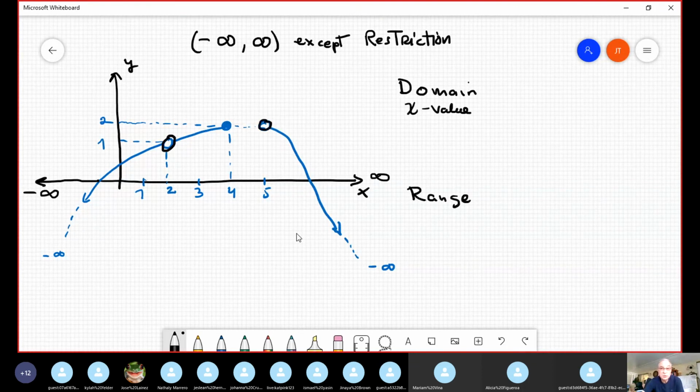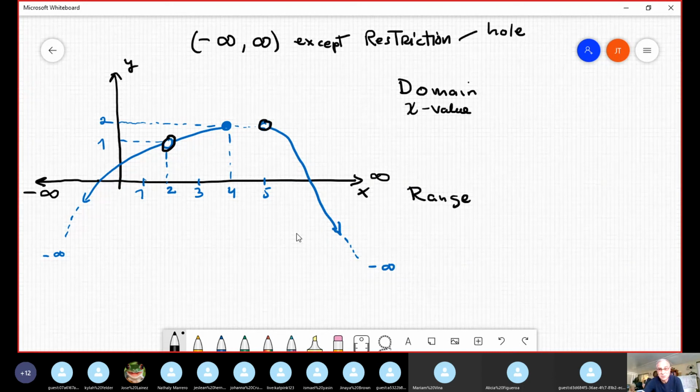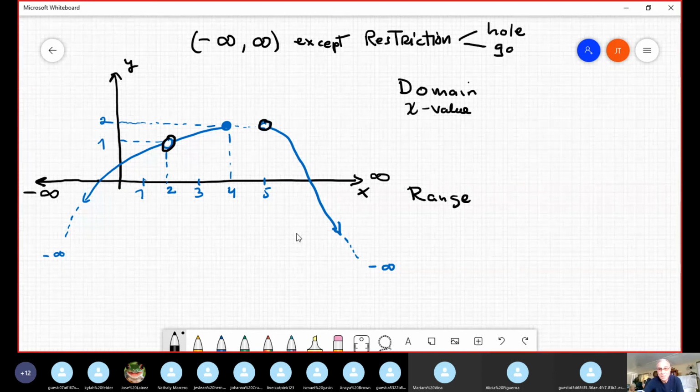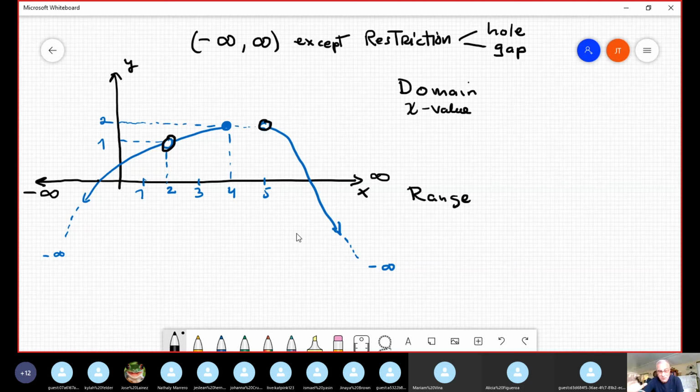The restriction is a hole. There are different restrictions. A gap, that is a gap in which the function has no value. And there are other restrictions; I promise that we will study more. But I don't want to confuse it with another concept. Basically it is holes, gaps, other things.